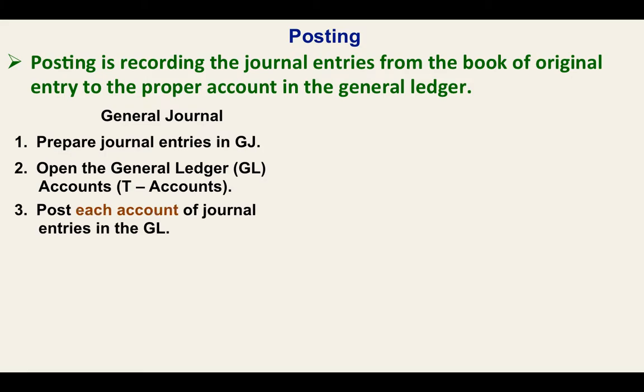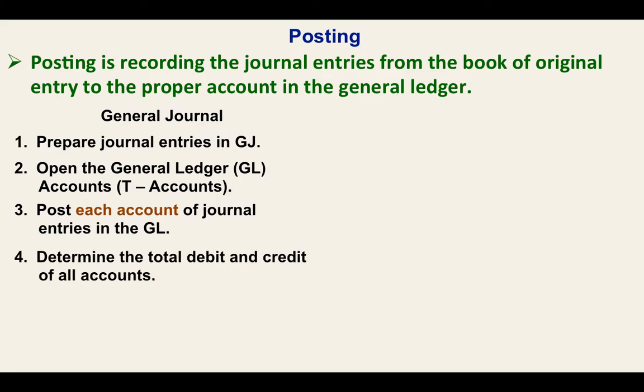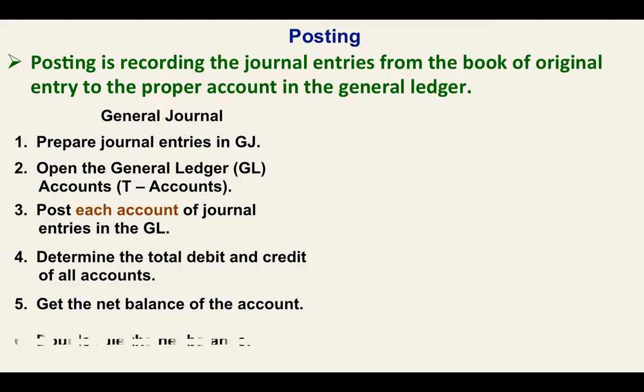We will post each account of journal entries in the general ledger. We will determine the total debit and credit of all accounts. We will get the net balance of the account, and lastly, we will double rule the net balance. So we have done this, and you already have an assignment on this.